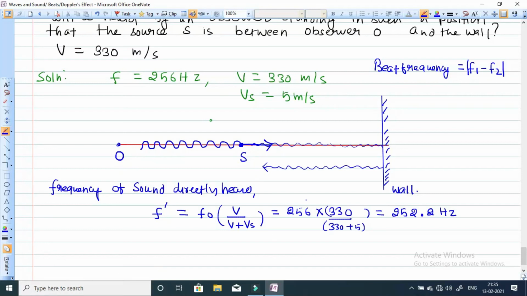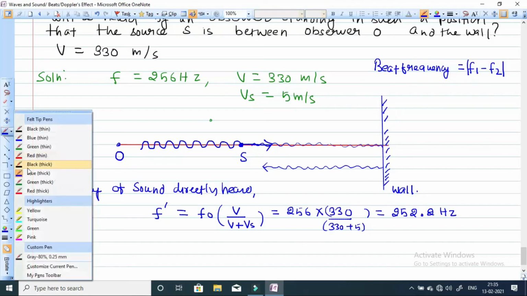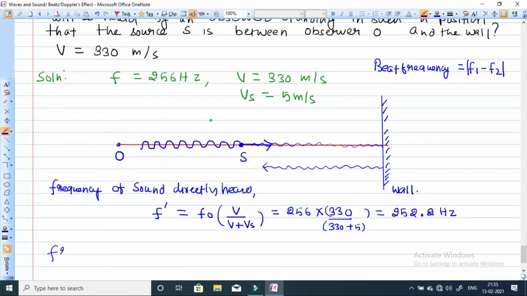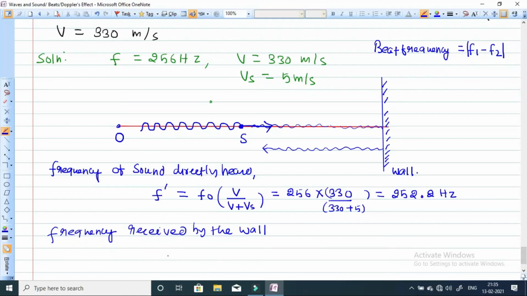Here you can see the wave is moving towards the stationary wall. So the next case we calculate is the frequency received by the wall.